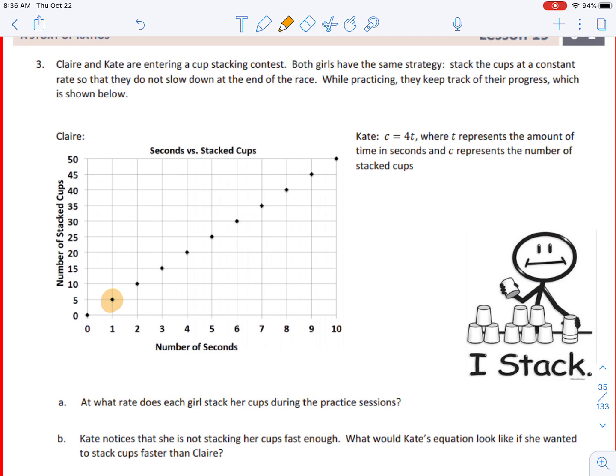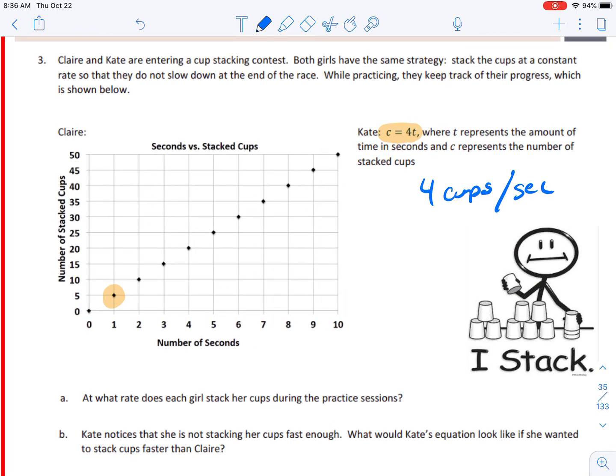So Kate's is represented in an equation where T represents the amount of time in seconds, and C represents the number of stacked cups. So this is telling us that she is stacking 4 cups per second. On this graph, Claire's is 5 cups per second.